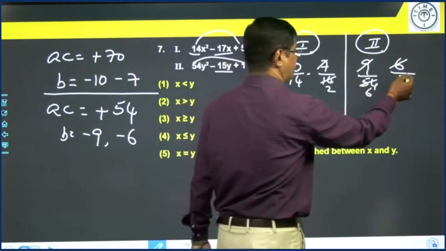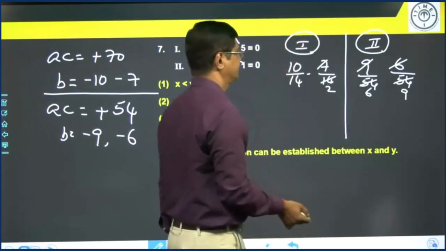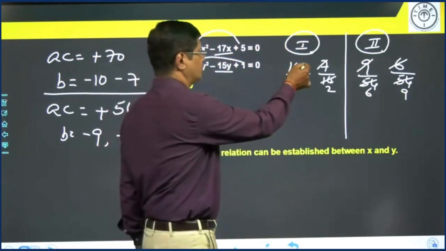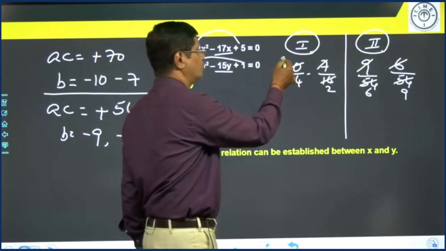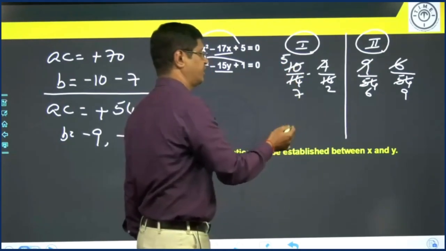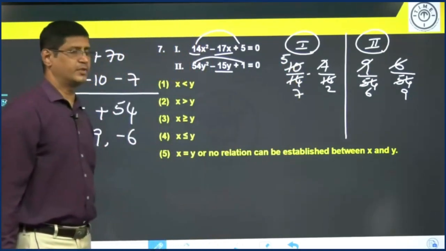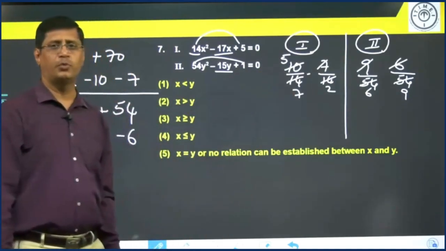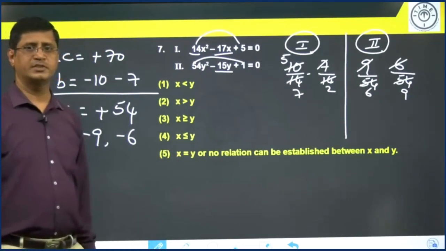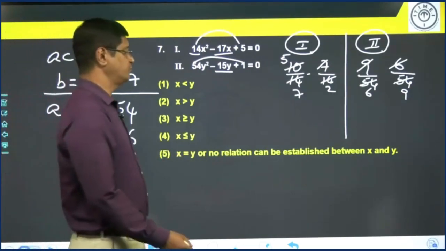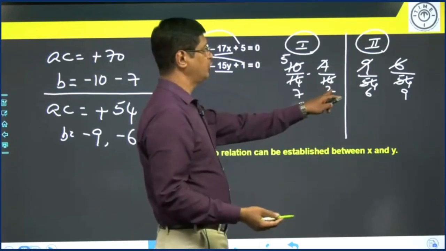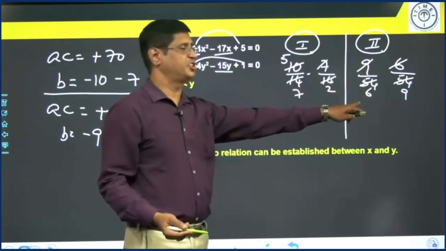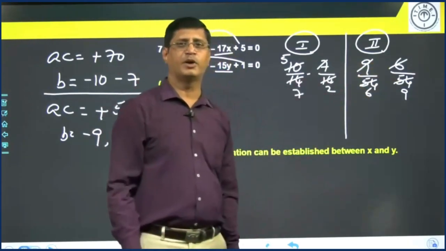So 6, 9 times. And any other possibility? 5, 2 5 times, 2 7 times. Just observe the value. What is the result? 1 by 7 means 14.28, 5 times of it, so approximately 0.71. Here 1 by 2 means 0.5, 1 by 6 is 0.16, 1 by 9 is 0.11.